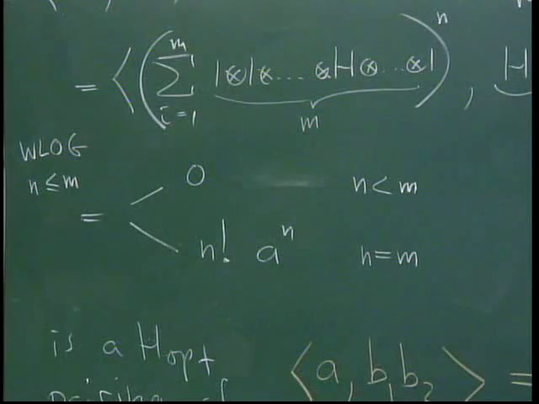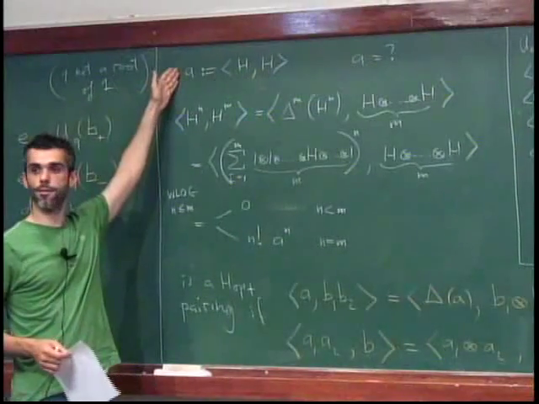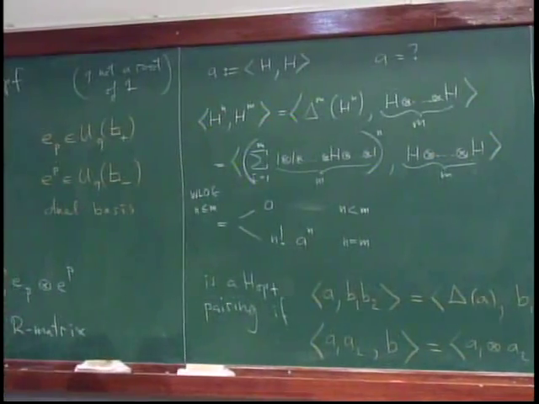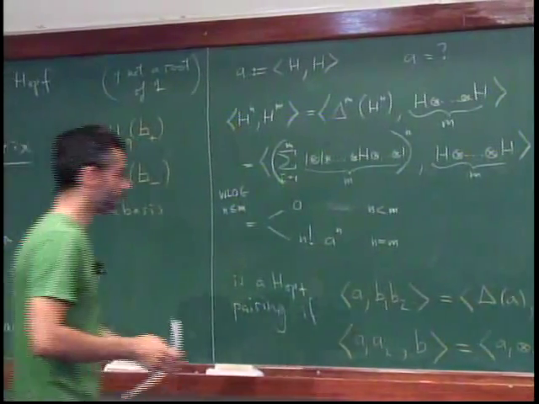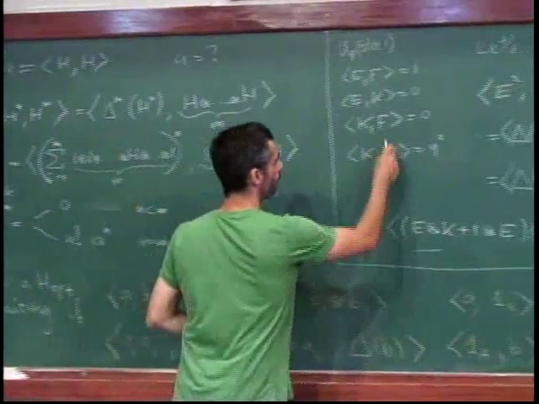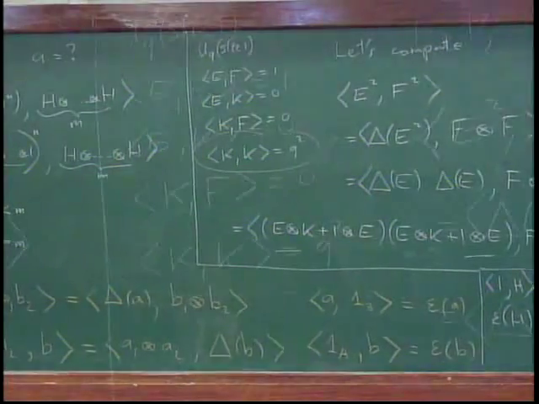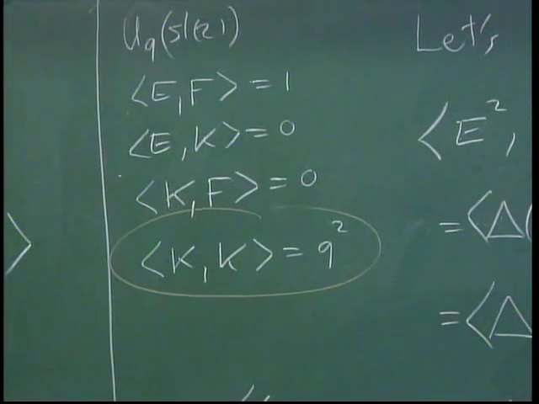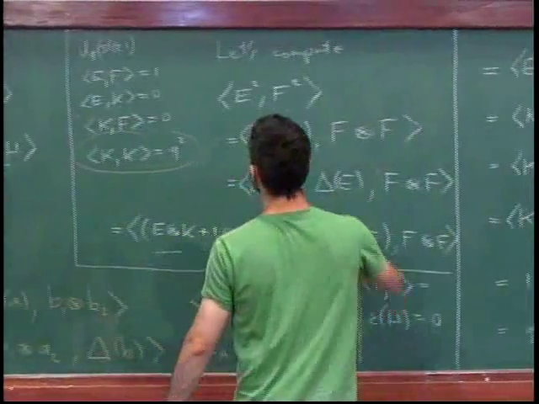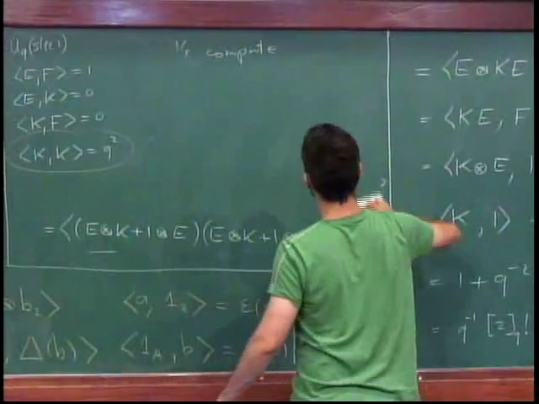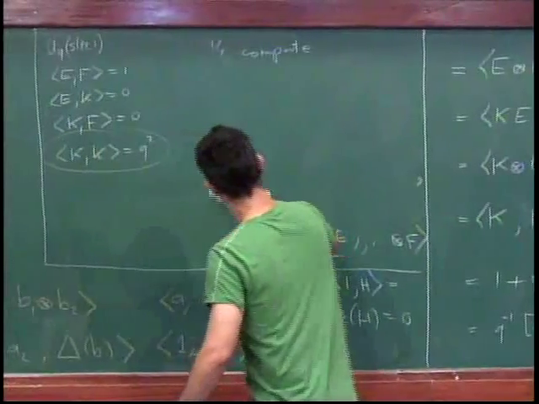Very good. So we started with an expression for this, and we ended up with an expression for that. What we want to relate it to is the information we have, namely that. So let's compute.